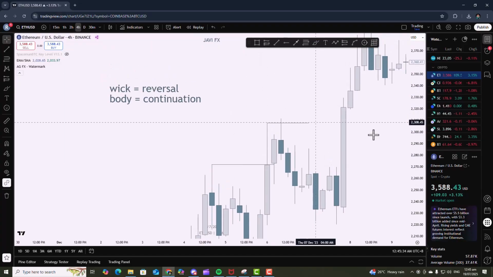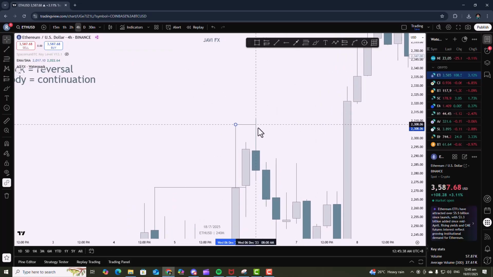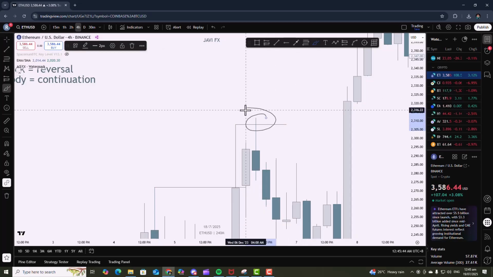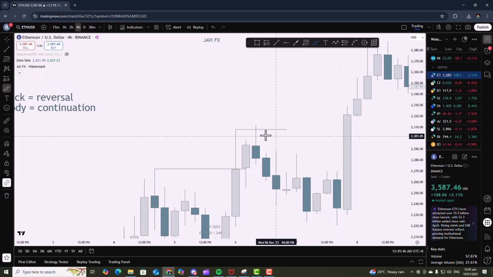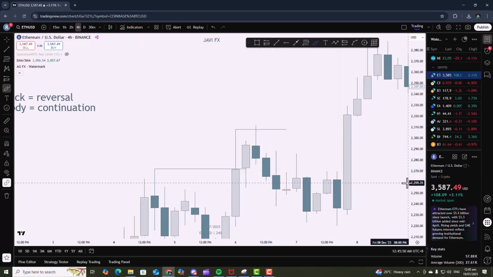Now, let's look at the wick. Here, we did not close with the body, just a wick. So what does that mean? It means a reversal, right? Not necessarily breaking structure, but we know that after seeing this wick alone, we'll be getting some kind of pullback or reversal.